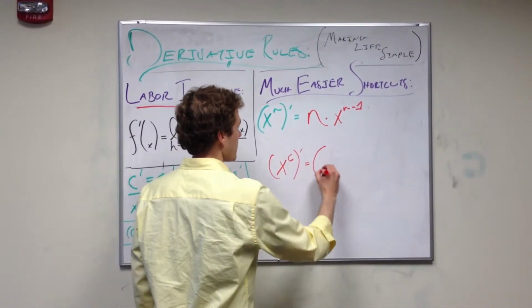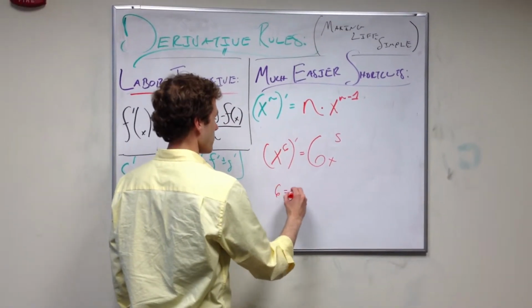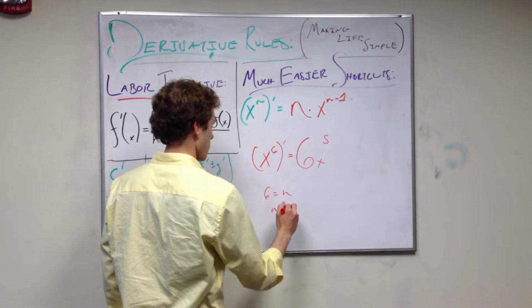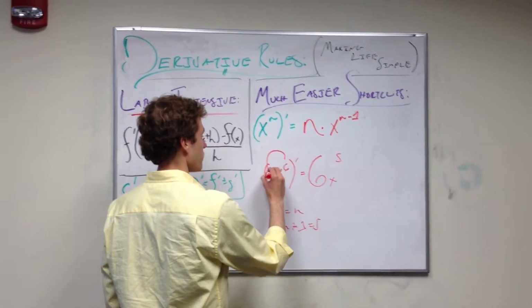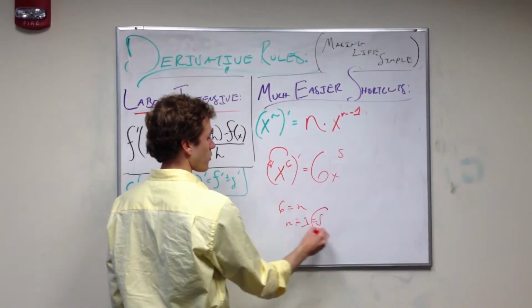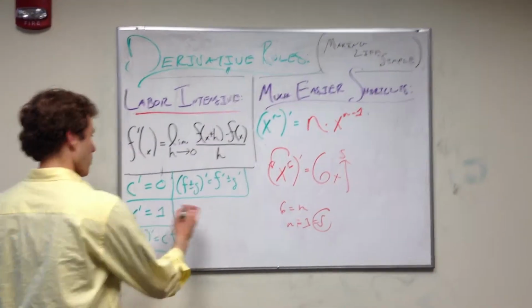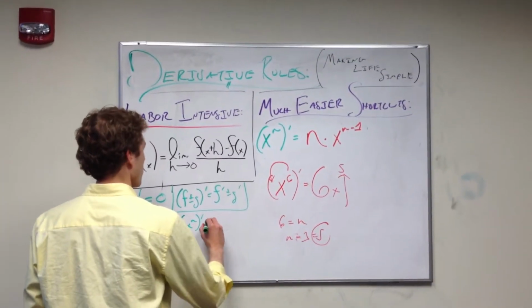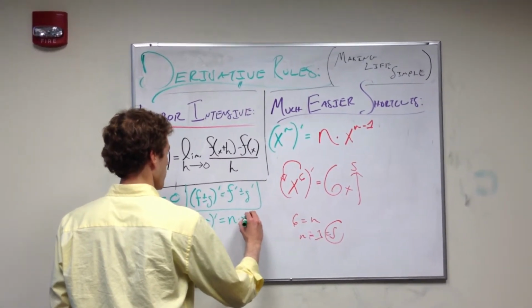This is just 6x to the 5th, because 6 is our n, so n minus 1 is just 5. So we're pulling the 6 down in front of the x, and then we're subtracting 1 from it and sticking it right there. So x to the nth power prime is just n times x to the n minus 1.